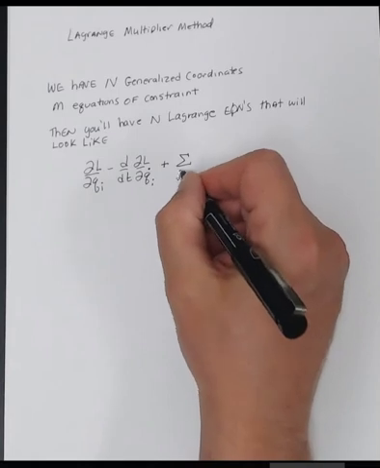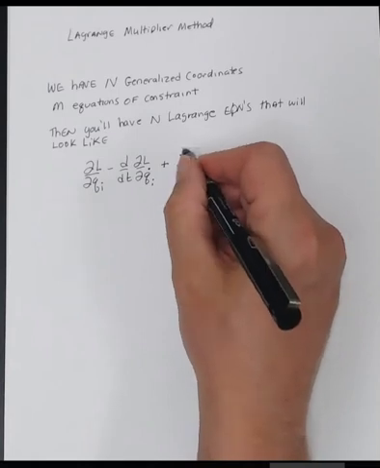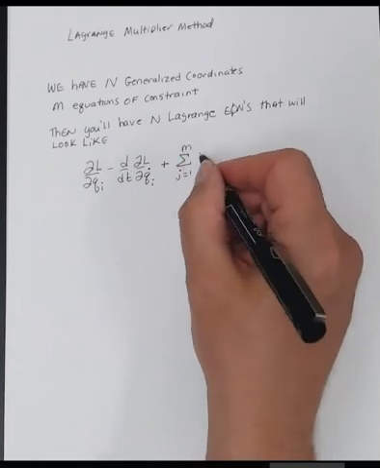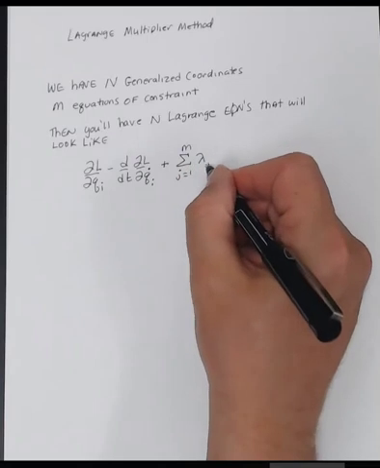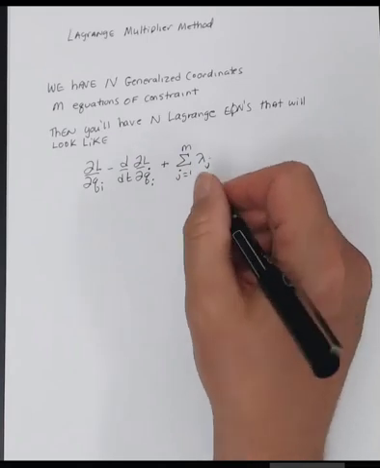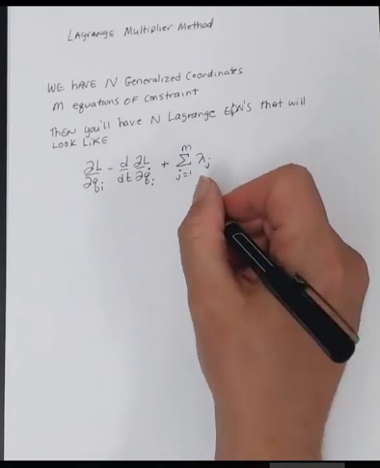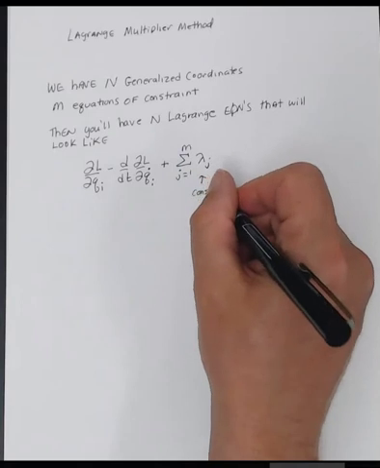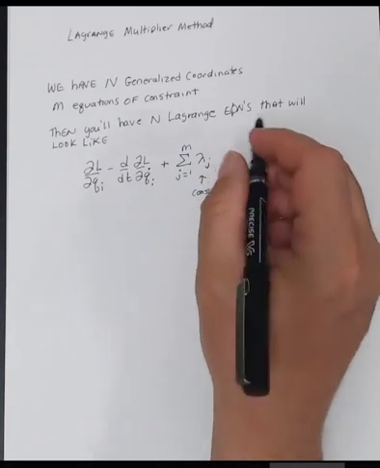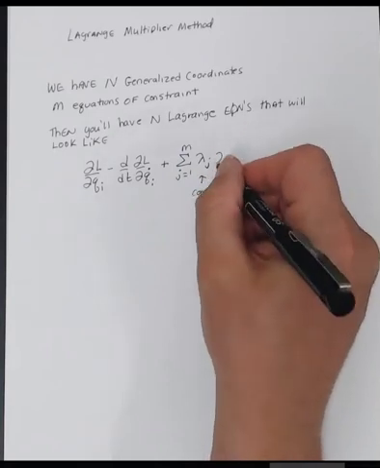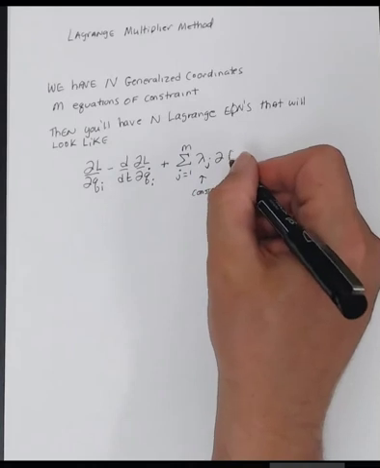So we'll go from j equals 1 to m of lambda, which is a constant, and we call the multiplier, that we'll have to find, times the partial of f.